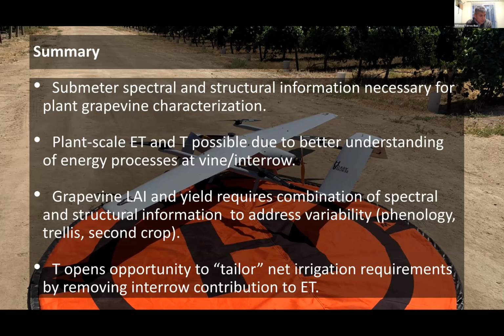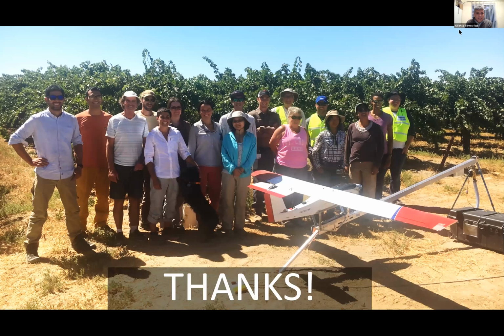Transpiration opens a different set of research and application opportunities, from irrigation water management to land-atmosphere and water-carbon processes. These are very interesting topics to talk about and work on. So that is my presentation, and I'm happy to answer any questions regarding our work.